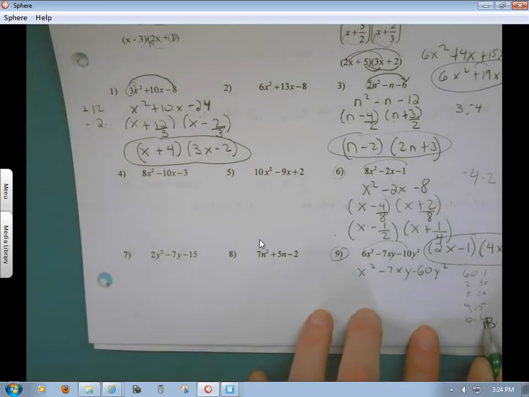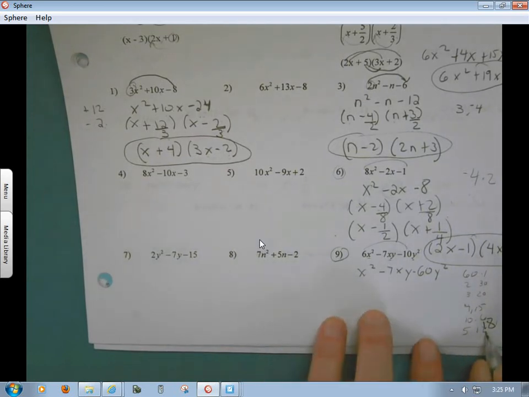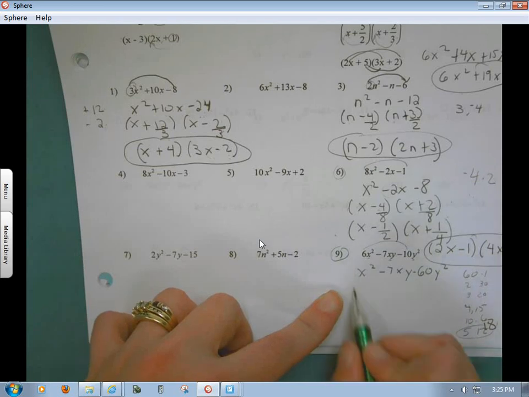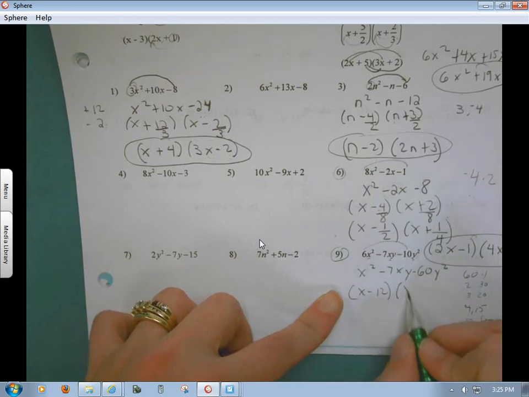I've got 10 and 6. What am I missing? I got 5 and 12. And that's going to be it. So I'm going to put in a negative 12 and a positive 5.